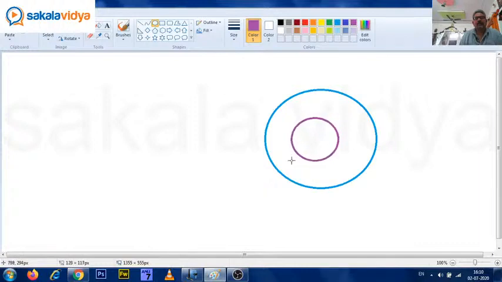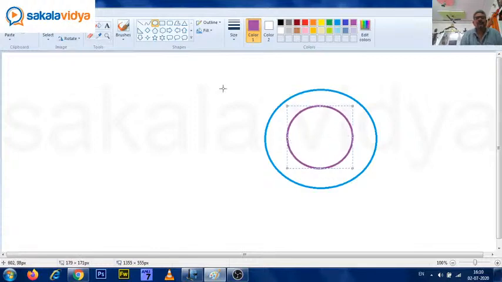Take another circle. What is the position of the circle here? Say this first circle is S equals 0, and this is S dash equals 0.